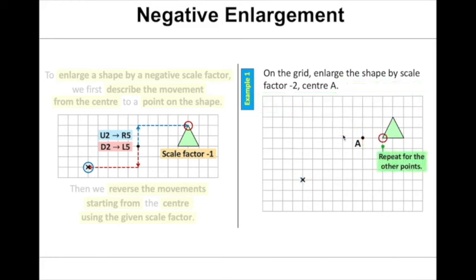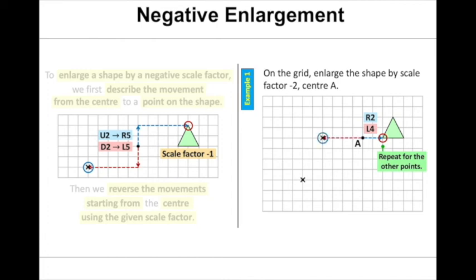We can pick another point. Same thing. This one here only right by 2 because there's no upward or downward movement. So that becomes left by 4 because 2 times 2 is 4, and you go the reverse.